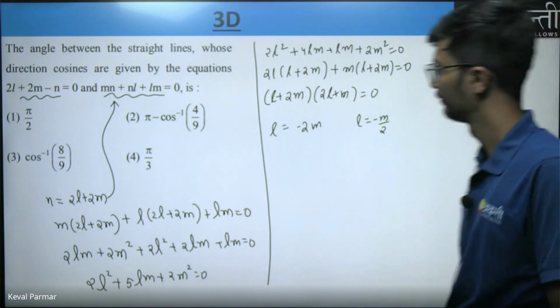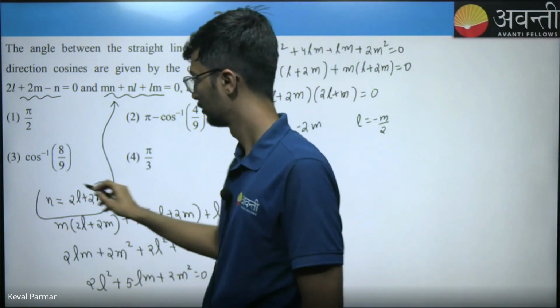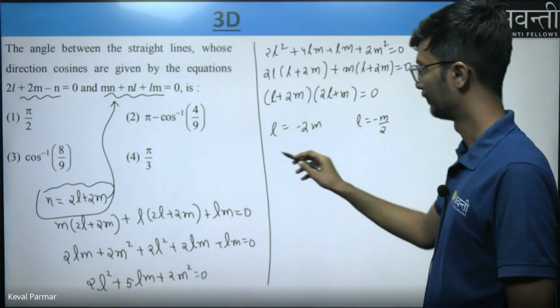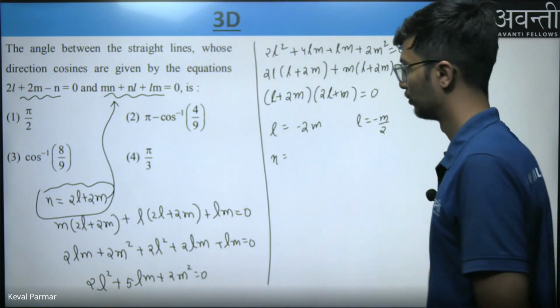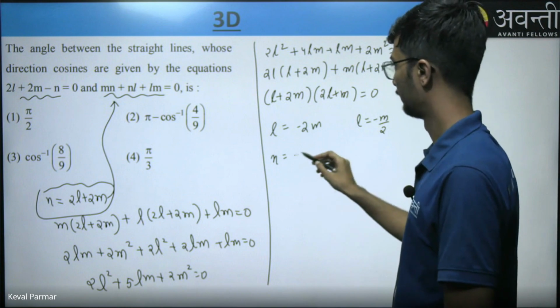Okay. So if L equals minus 2M, then N will be equal to minus 4M.